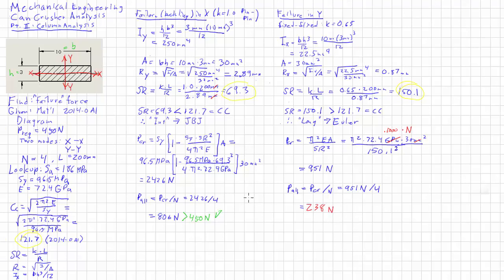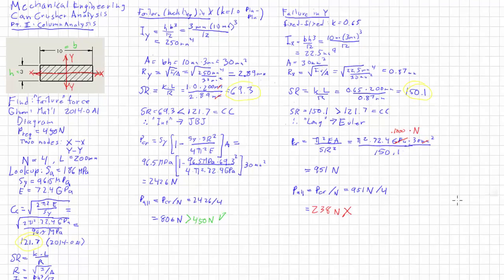And since that is less than our required, then we do not have a good design. What this tells us is exactly what our gut said over here, was that this is going to buckle somewhere in the Y direction, and it's going to do it well before 450 newtons. So we need a new design.